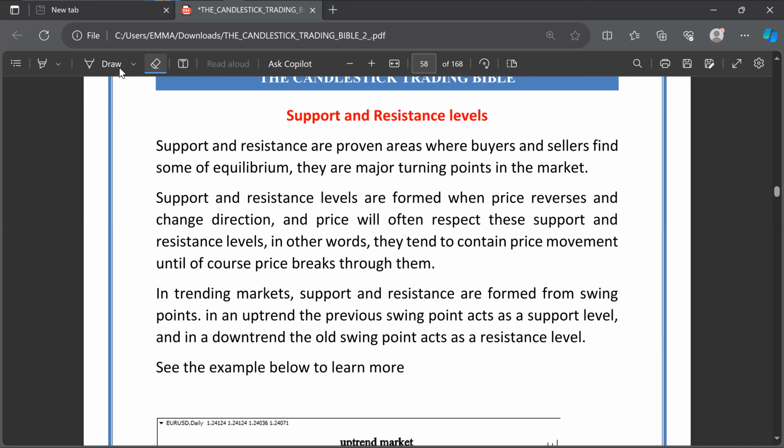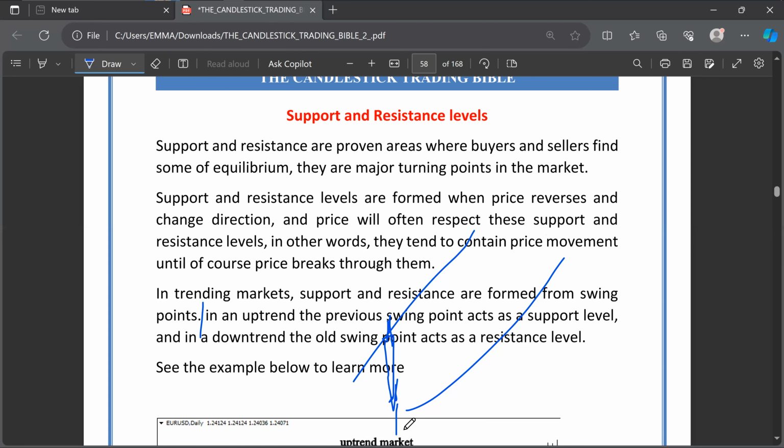So in an uptrend, let's say a candle of this form just happened here, right? And maybe a swing high is here, the swing low may be here. So in an uptrend, the previous swing points act as support level.